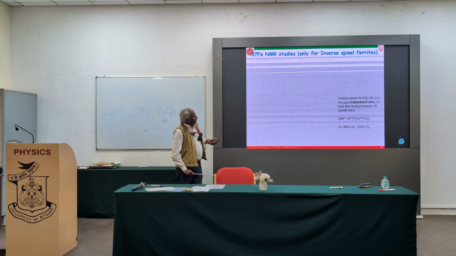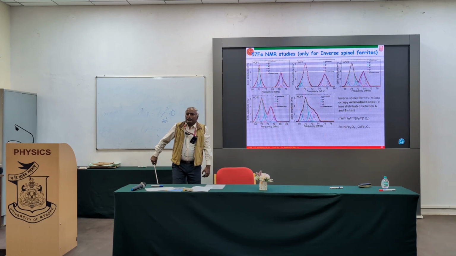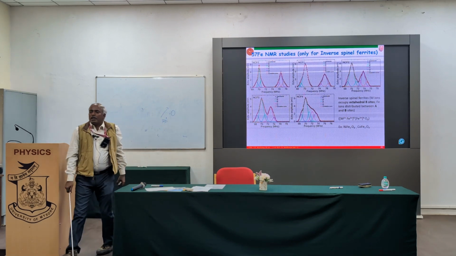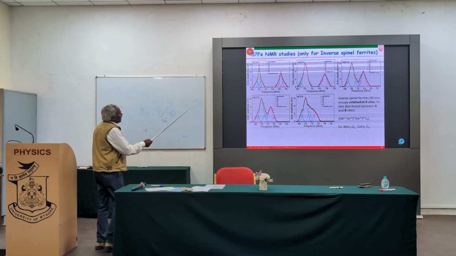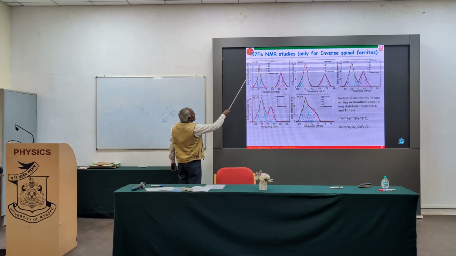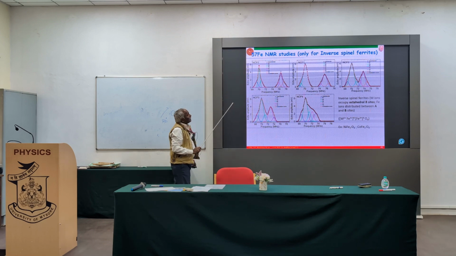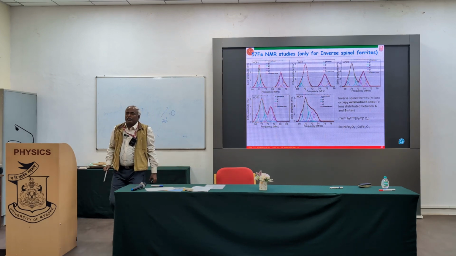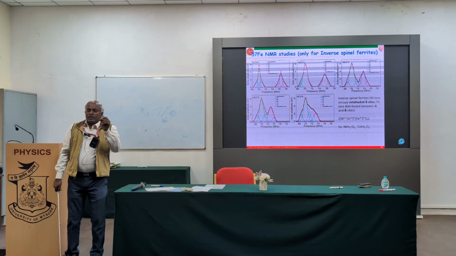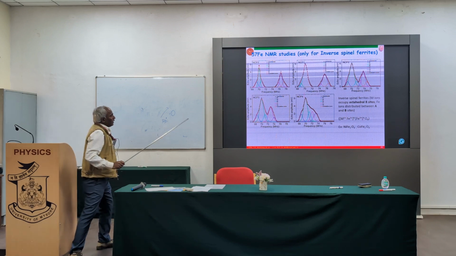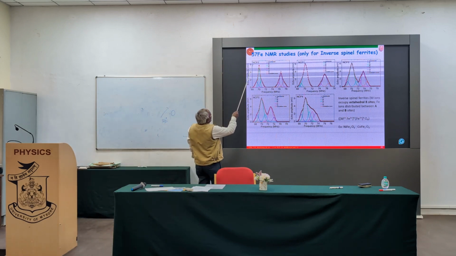Whenever I perform the same sample with NMR, as you can see, NCFO0 is another system where, instead of iron, I kept on adding cadmium.